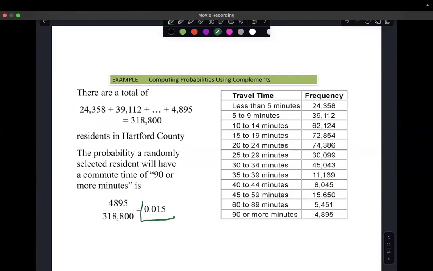I calculated that, just took the 4895 and divided it by the total number of people that I have. So the probability of randomly selecting a person that has a commute of 90 or more minutes is 0.015. Now, if I wanted to know the probability of randomly selecting a person who has a commute of less than 90 minutes, I could either calculate all of these probabilities and add them together, which would be a whole lot of work, or you could do 1 minus 0.015.